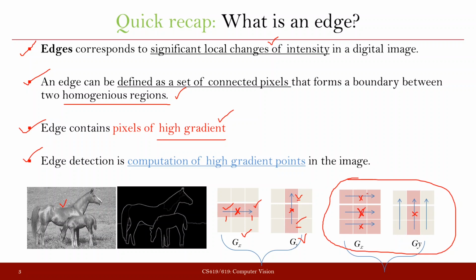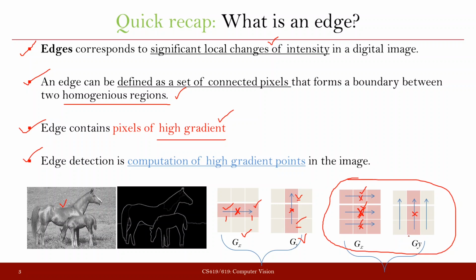Okay, so that means we are computing the gradient at this pixel, this pixel, this pixel, and then adding all that, maybe you can say taking the average of all 3, and then based on that deciding what is the effective gradient at this central pixel.